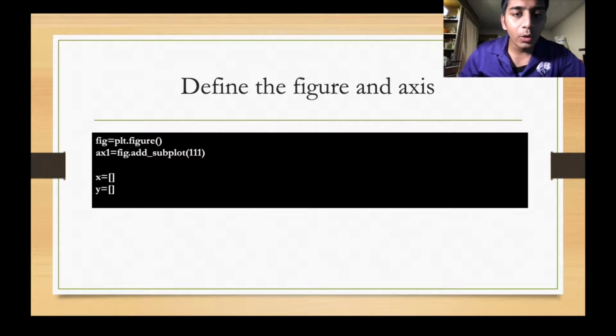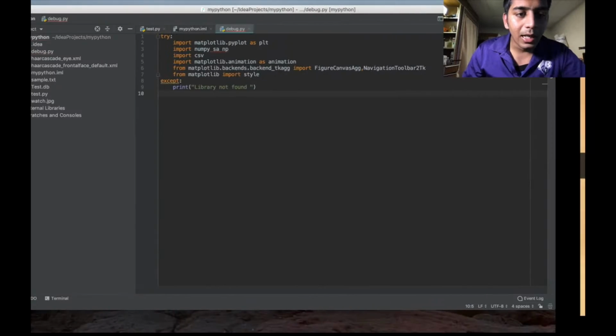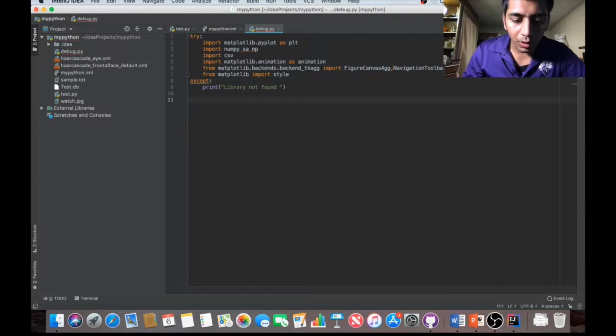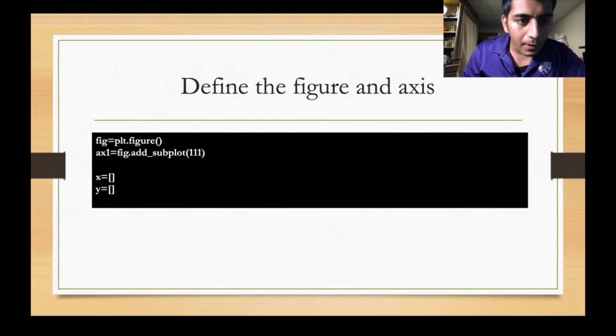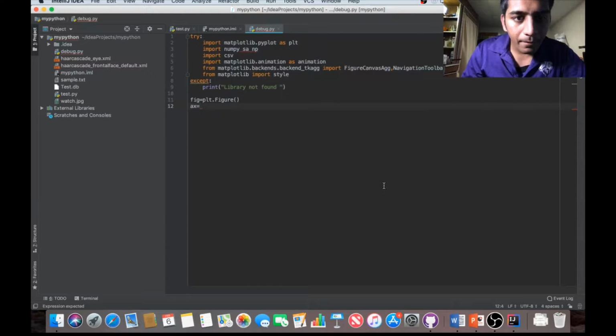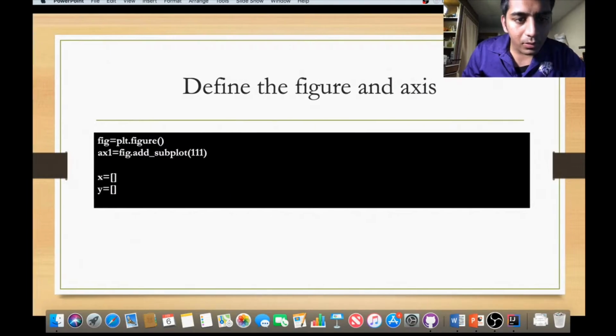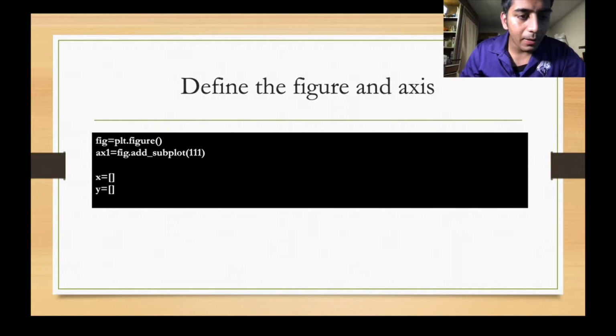As usual, we need to define our figure and axis. So let me go ahead and do that for you. I'm going to say fig equals plt.figure, and axis ax equals fig.add_subplot. I just want to make sure I don't make any errors, so I'm referring to my slides as well while I'm coding.